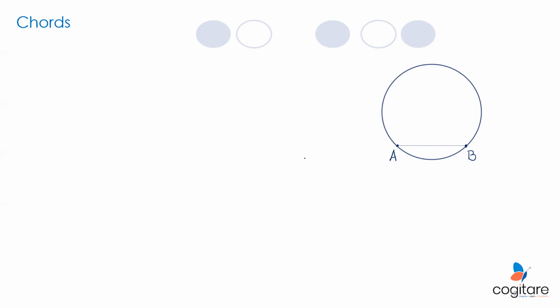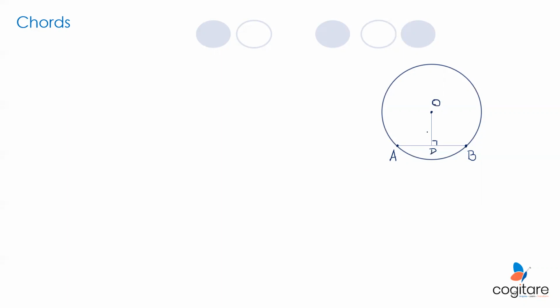So let's say we have a chord AB and we have the center of the circle here as O. If we were to draw a line, let's call it OD, that is perpendicular to the chord, okay, then what can we arrive at? What is the outcome of drawing a line that is perpendicular from the center to the chord?